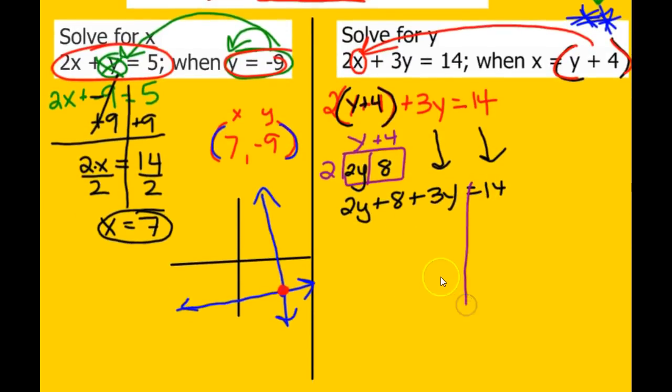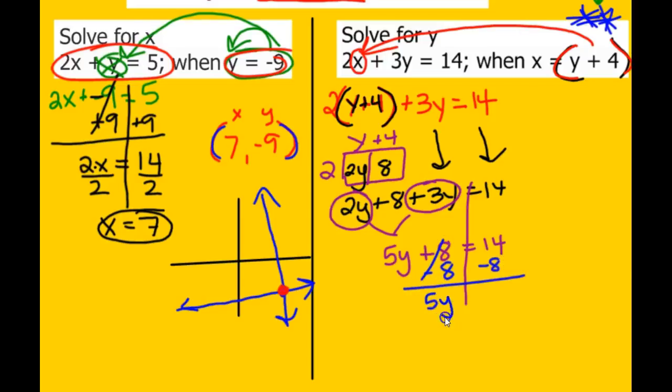So now, one thing that you guys learned earlier is to combine our like terms. We have 2y and 3y, that gives us 5y, and then plus 8 equal to 14. And then just solve like a regular equation, get rid of addition and subtraction.